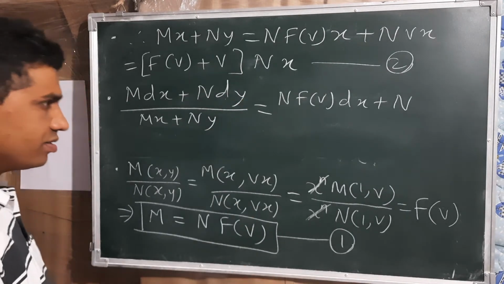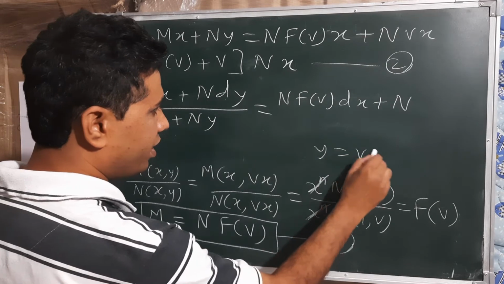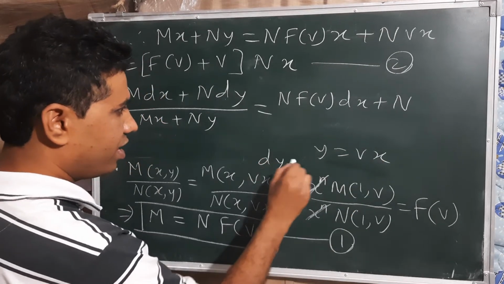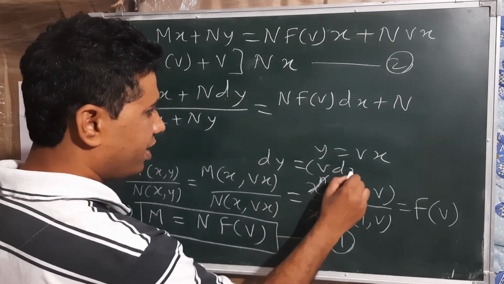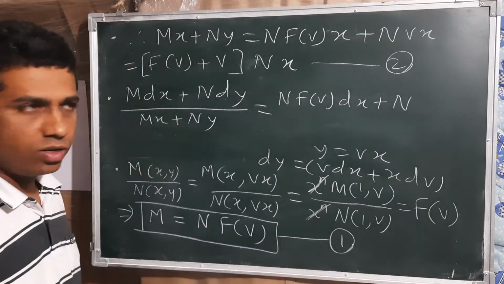Dy, we are substituting y equal to vx, so dy is v dx plus x dv, product rule.